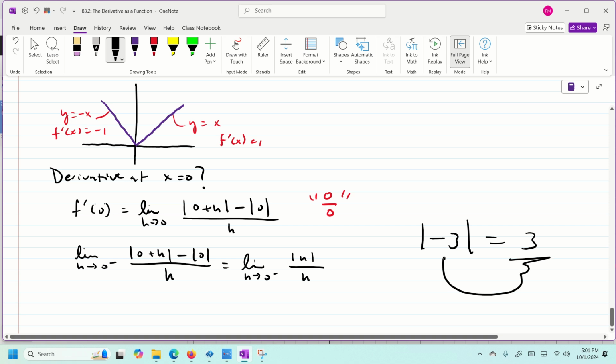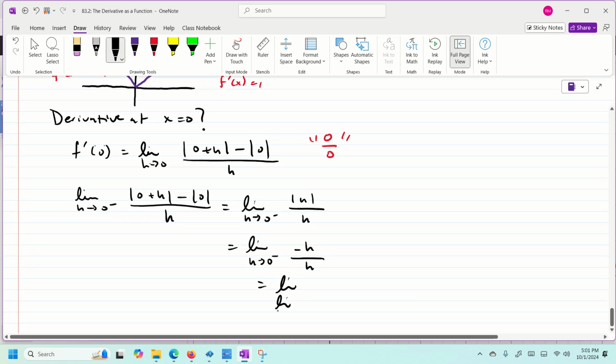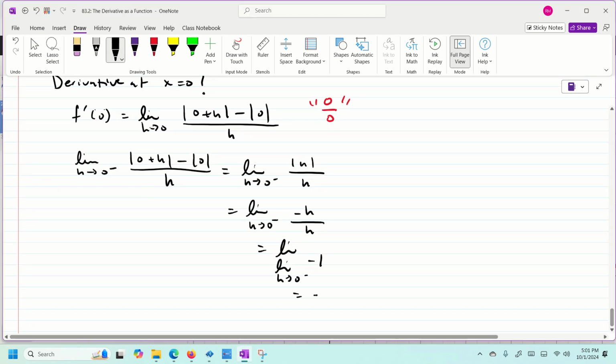So what you get out is going to be the opposite of whatever you had in. So for this absolute value of h, what you get out is going to be the opposite of what you had in. And h over h gives you 1. So you're taking the limit as h goes to 0 from the negative side of negative h over h, which is negative 1, and your limit is going to be negative 1. So from the left-hand side, your left-hand limit is negative 1.